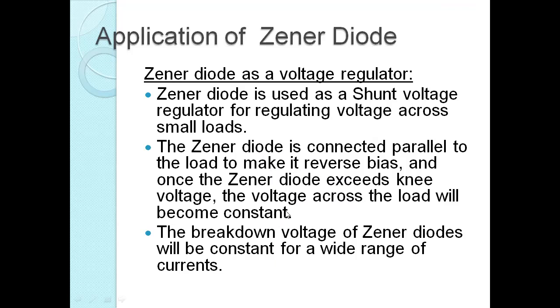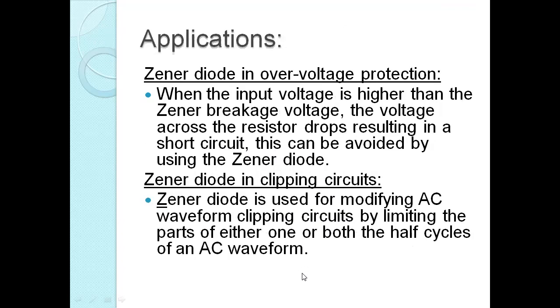So the breakdown voltage of the Zener diode will be constant for a wide range of currents. Even as the current is increasing, the Zener voltage will be constant.